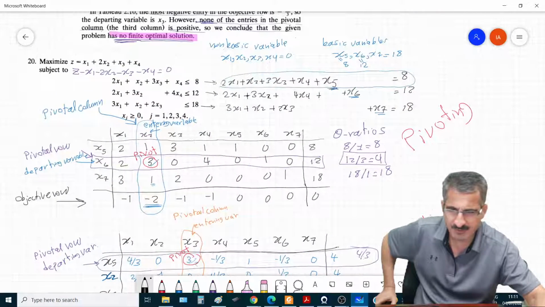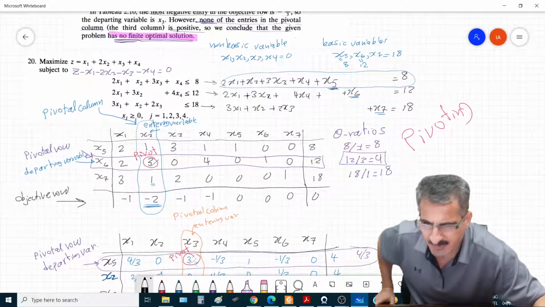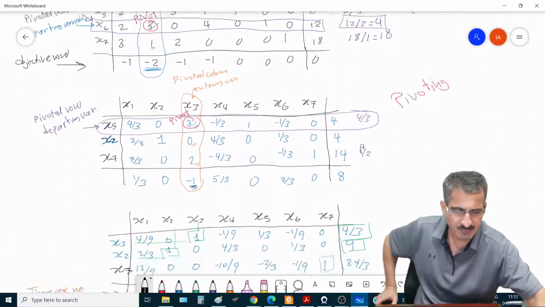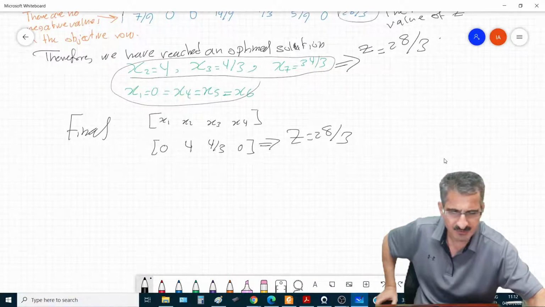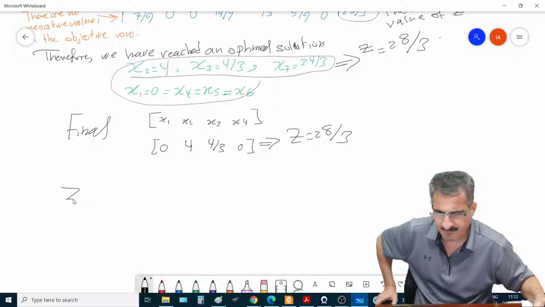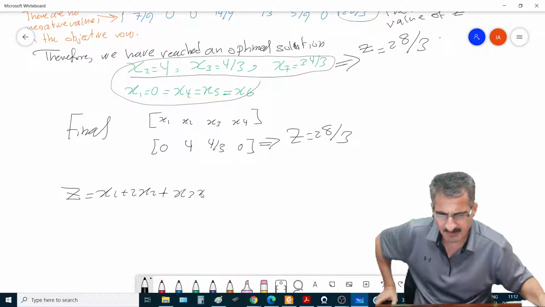I want to take z. z is x1 plus 2x2 plus x3 plus x4. Compute that.